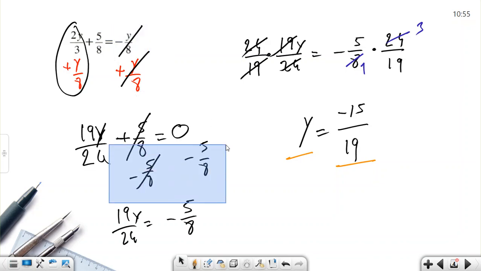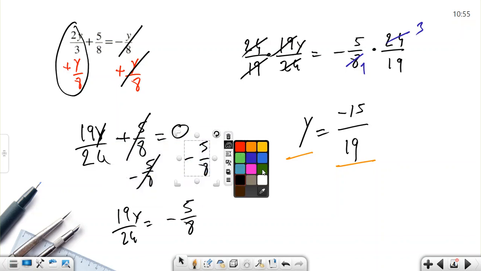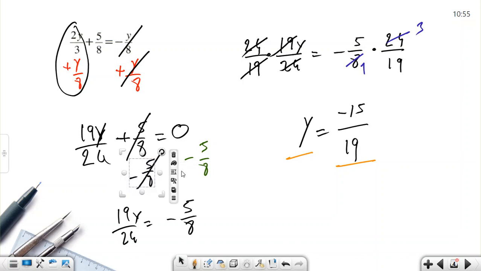After that, we add negative 5 over 8 to both sides to cancel this positive 5 over 8 on the equation. So I need to keep this y alone. 5 over 8 and negative 5 over 8 is 0, so only 19y over 24 is left on the left side, and 0 minus 5 over 8 is negative 5 over 8 on the right hand side.